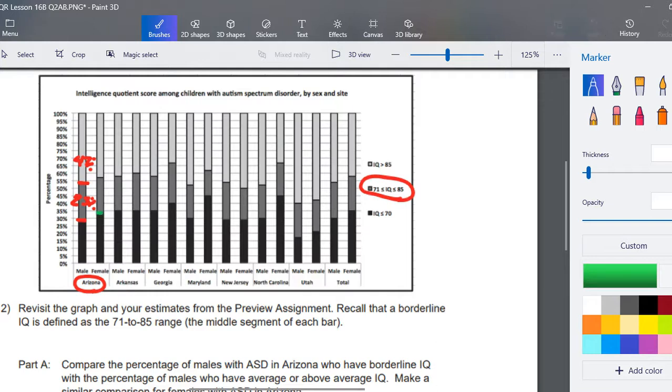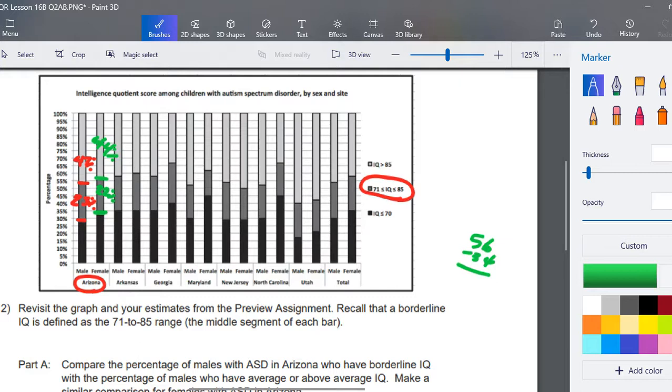For females, we're at about 34 to 56. 56 minus 34, so we're looking at about 22. And if I'm going to call this 56, then 56 from 100, we're at about 44%.